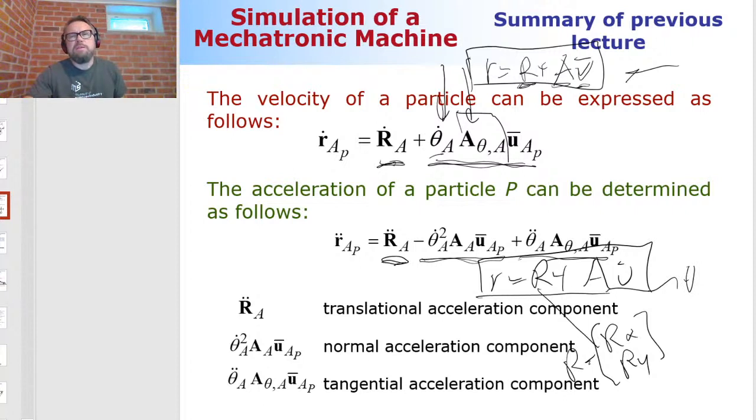Those are the three variables, three generalized coordinates, that you need to describe every single planar body in your system. So you need three coordinates for every body. If you have two bodies, you need 6. If you have 3, you need 9, and so on and so forth.